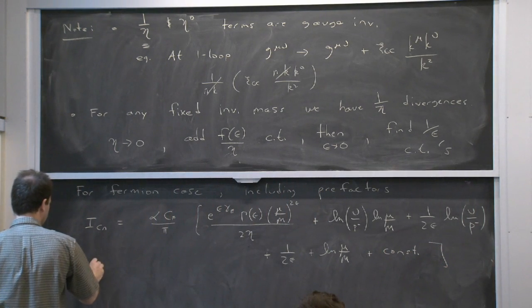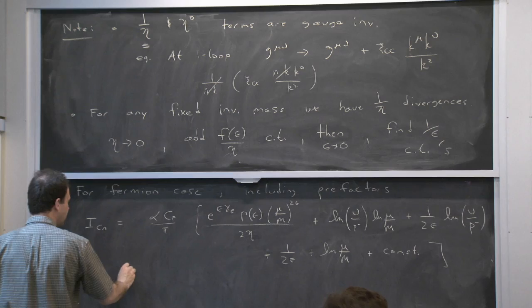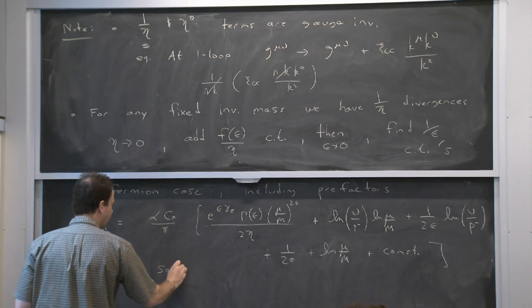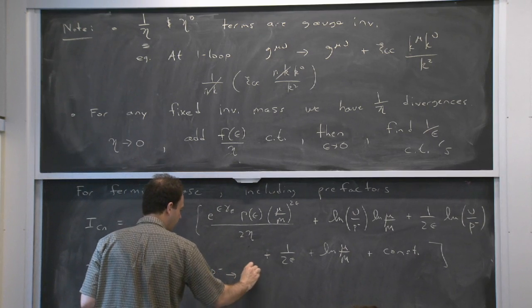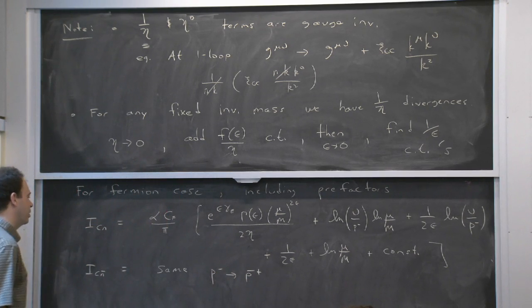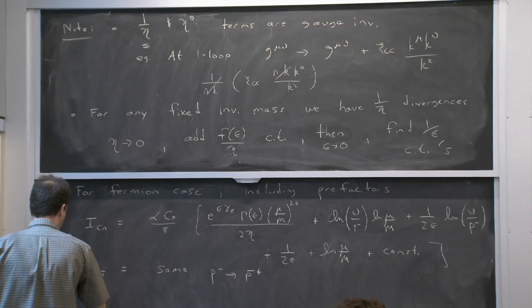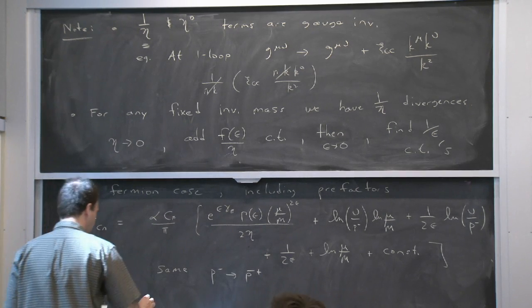So let me write all the results, and then we'll talk about them. So IC bar is the same. The only difference is that P minus goes to P bar plus. It was really symmetric. And then IS is different.